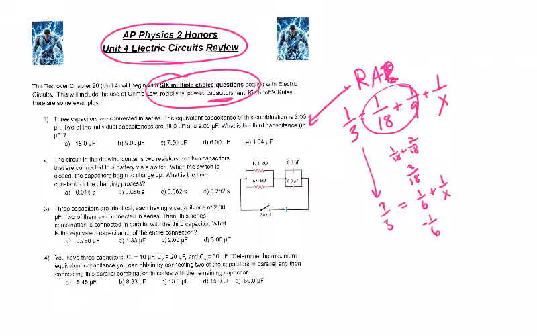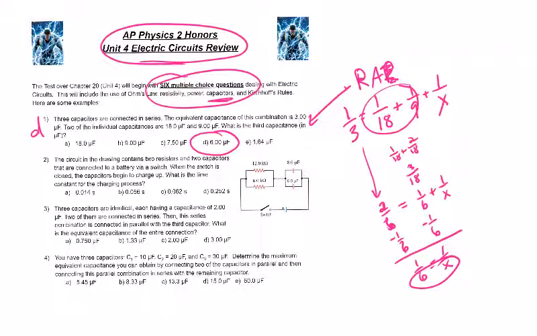This is the same thing as 2/6, so when I subtract 1/6 from it, that's going to give me 1/6 equals 1 over x, therefore x equals 6. So I look at my answers and it looks like D is my correct answer. Not a bad question, deals with this idea of combining capacitors together. Nice little multiple choice question.